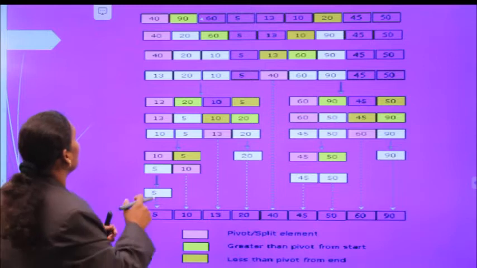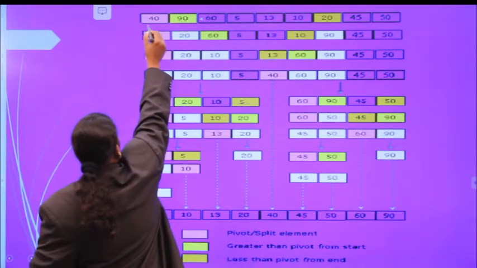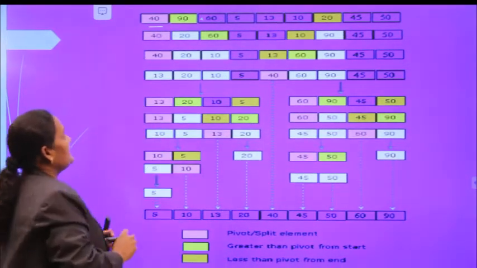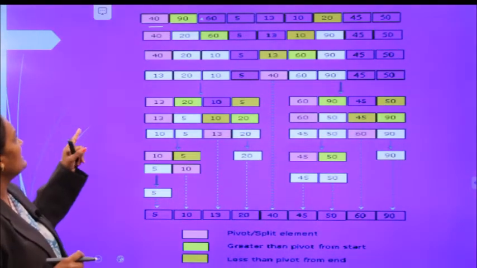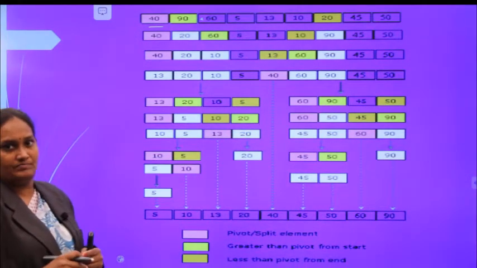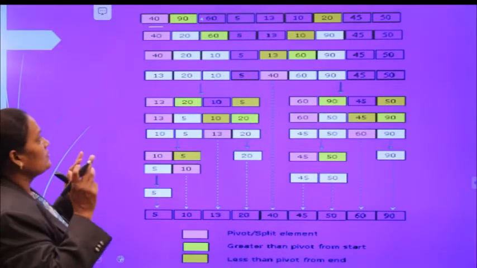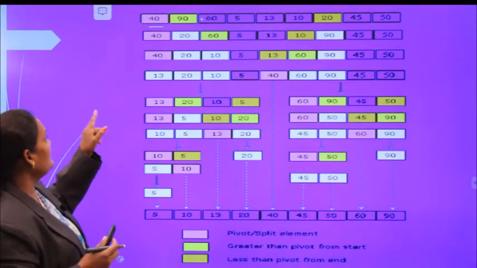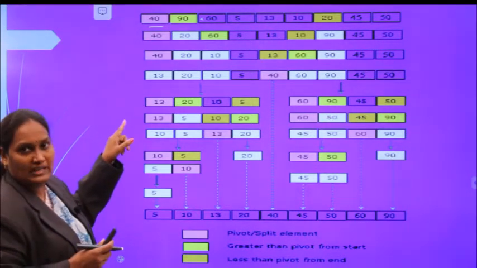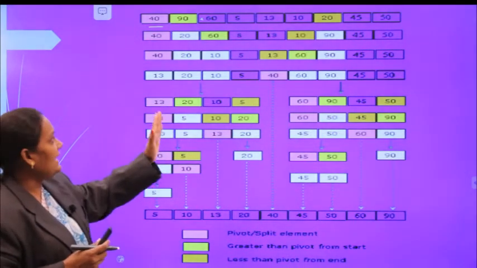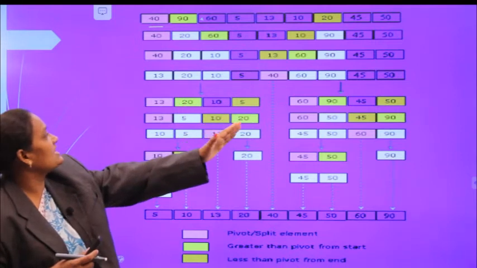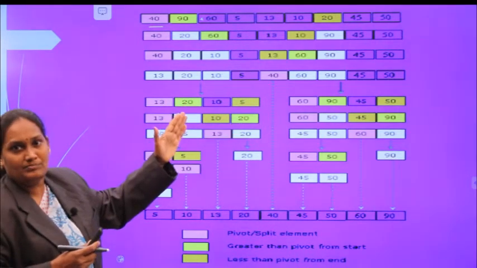Now let us see here. First I selected one element as the pivot element. Here consider the element 40 as the pivot element, and I am going to take the elements which are greater than the pivot element from the left side, and the elements which are less than the pivot element from the right side.